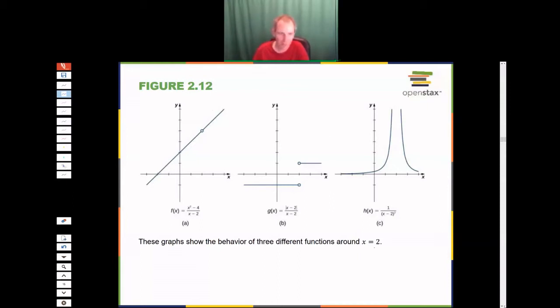So what happens as x approaches 2? In this first graph, I can see that the function is approaching 4 from both sides. Okay, f of x approaches 4 from both sides.